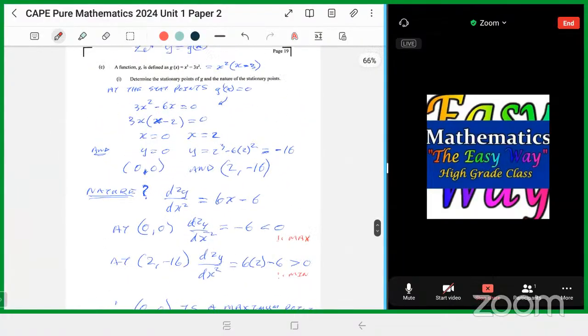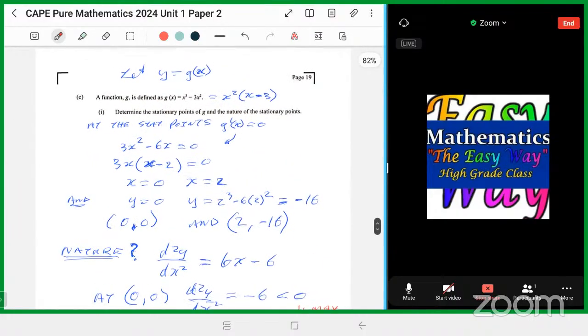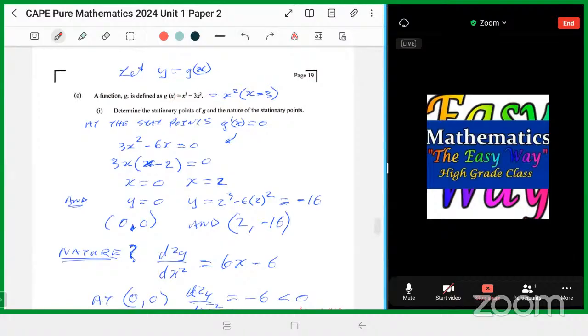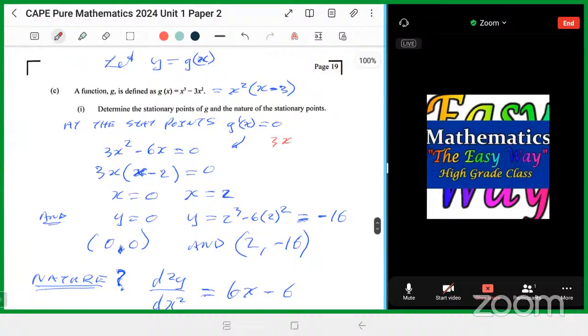Double check this one. So here, differentiate this. I get 3x squared minus 6x equals 0. Take out 3x, get x minus 2 equals 0.